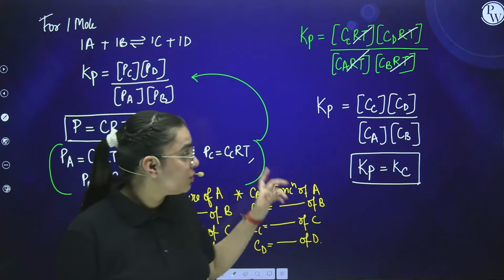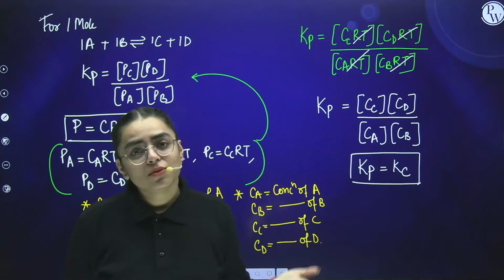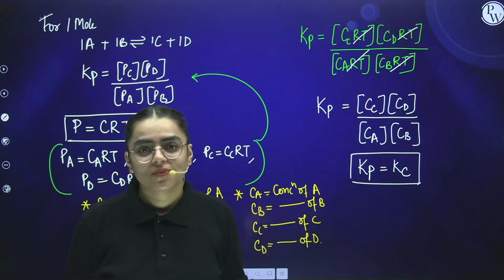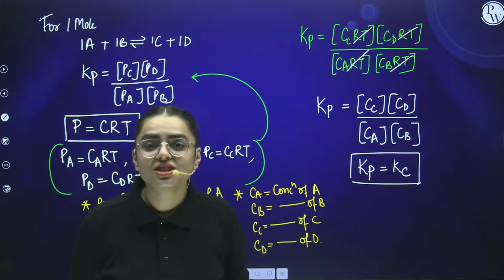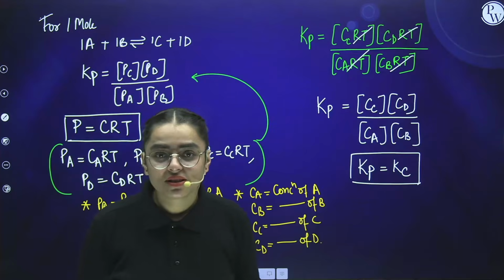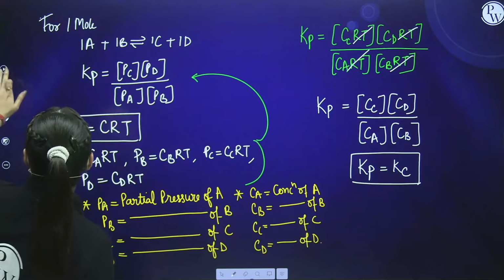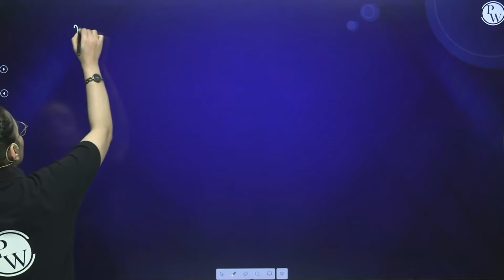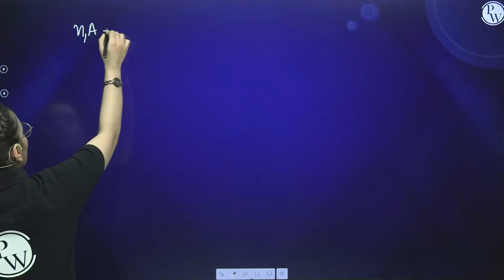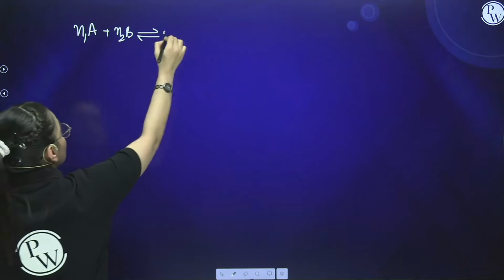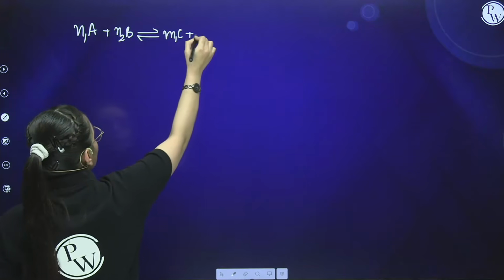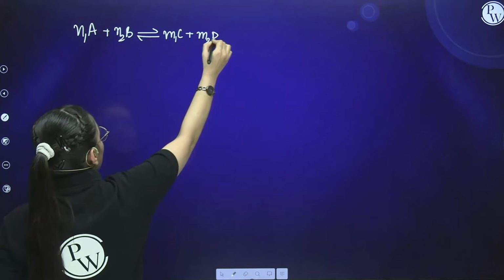Now you know that when you are going to take 1 mole, Kp will be equivalent to Kc. The equilibrium constant at the partial pressure will be equivalent to the equilibrium constant at the concentration. Isn't it interesting? So if I'm going to take different moles now, that is N1A plus N2B gives M1C plus M2D.